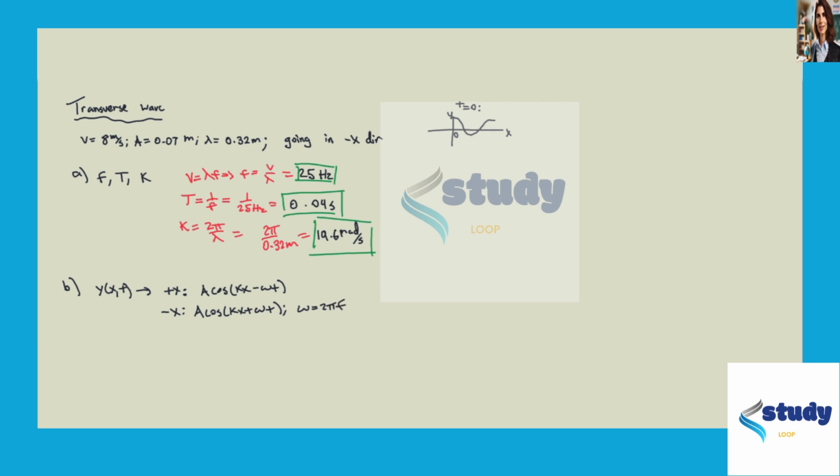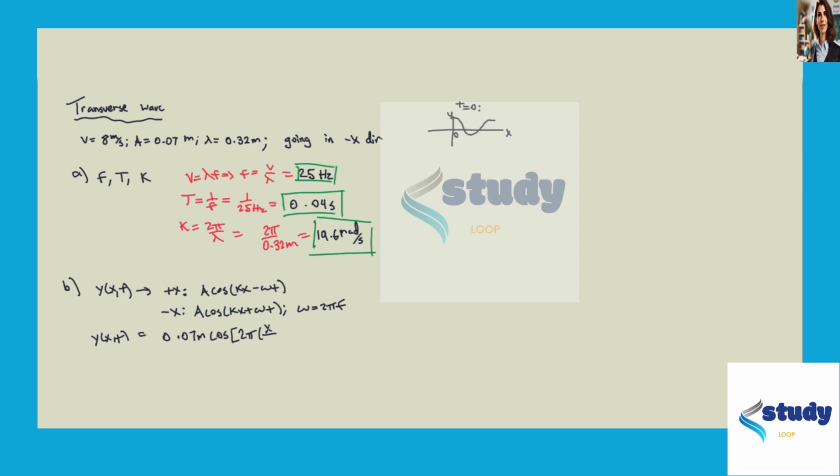So our function y of x and t then looks like this. It looks like our amplitude, 0.07 meters, times cosine of, because there's a 2 pi in front of k, then there's a 2 pi in front of omega, I'm going to write this as 2 pi times x divided by lambda.